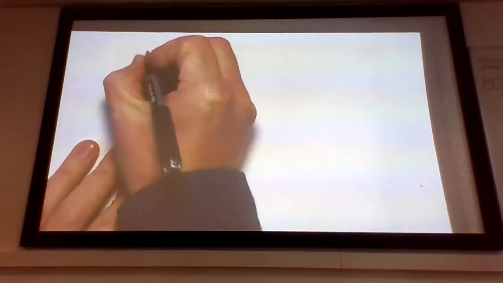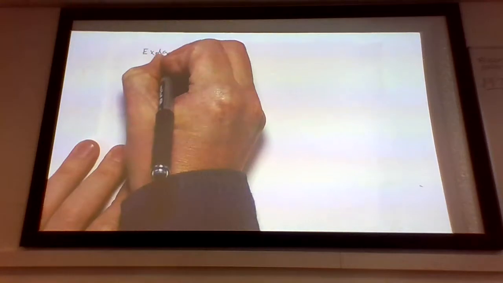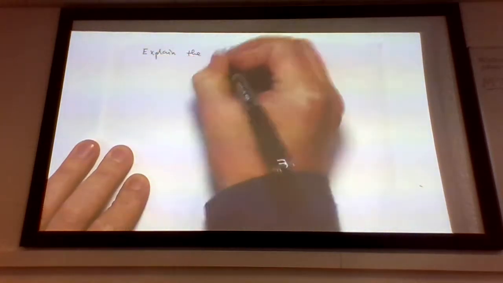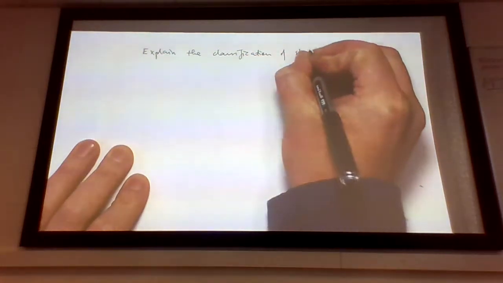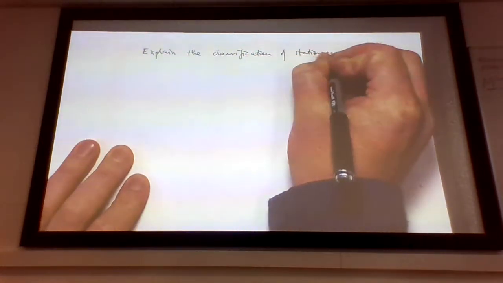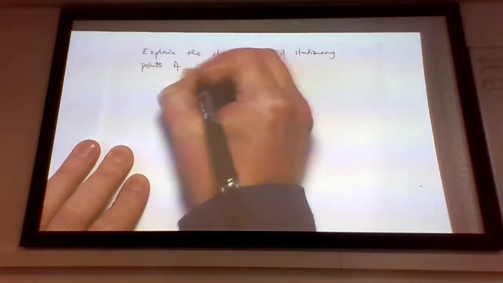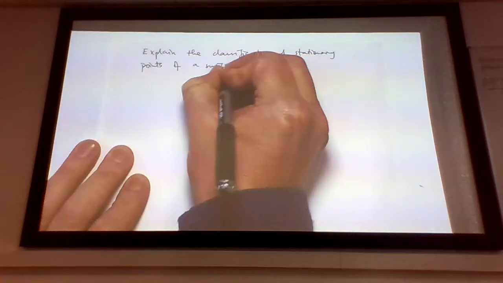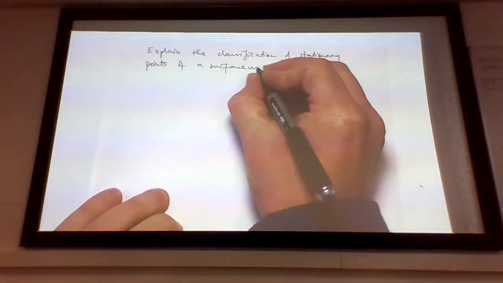Okay, so we need to explain the classification of stationary points of a surface. So now what I'm talking about here is using the Hessian determinant.